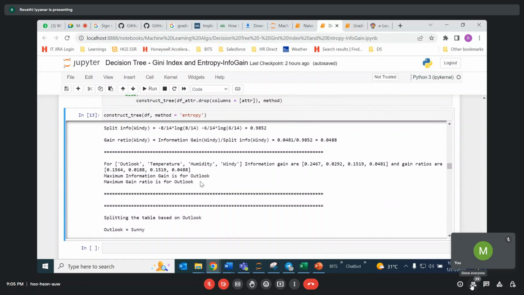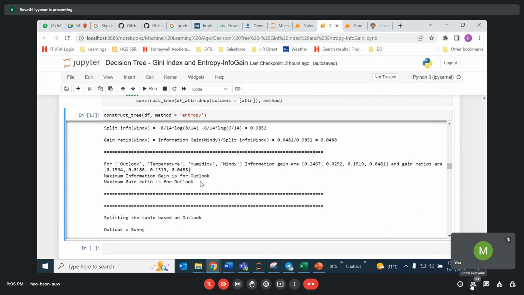If you have student data with a student ID, the ID will be just 1, 2, 3, 4, 5, 6, 7. If preprocessing does not remove that column and you still use that attribute in the decision tree calculation, and you find the information gain using either entropy or Gini, it will come as one.